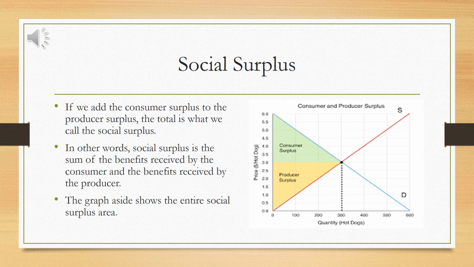If we add the consumer surplus to the producer surplus, the total is what we call the social surplus. In other words, social surplus is the sum of the benefits received by the consumer and the benefits received by the producer. The graph aside shows the entire social surplus area.